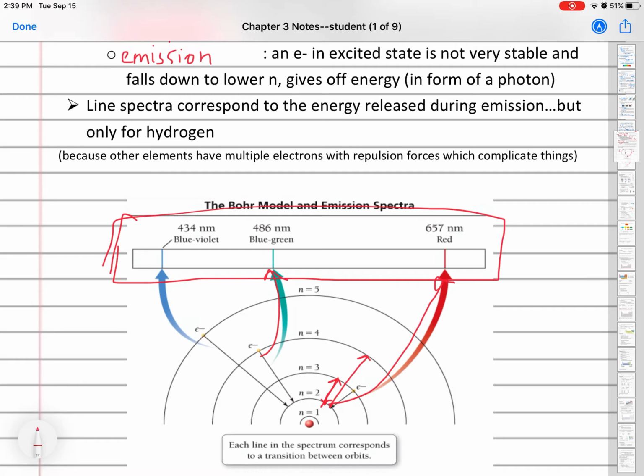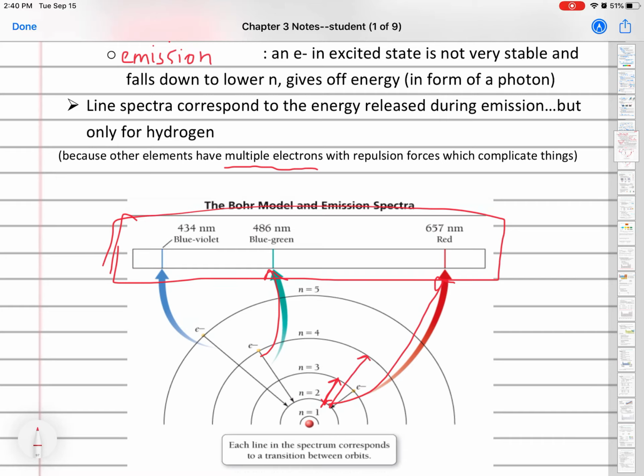But it kind of fell apart when we got to the other elements. So larger elements, so hydrogen only has one electron. So this model worked really well for one electron. But atoms with multiple electrons have all these confounding variables, namely repulsion forces between electrons that make it not work out so perfectly.